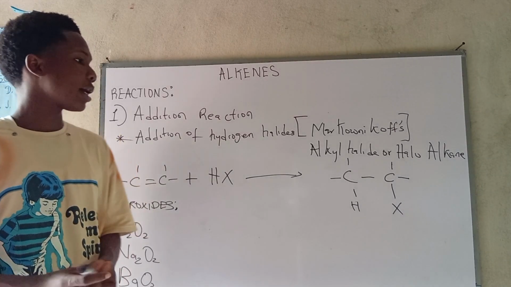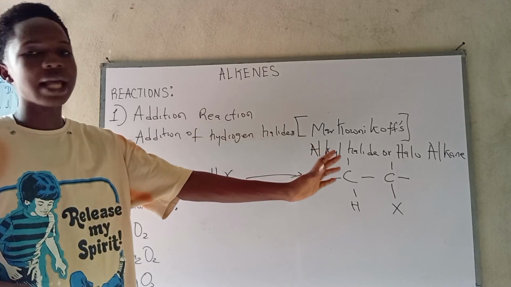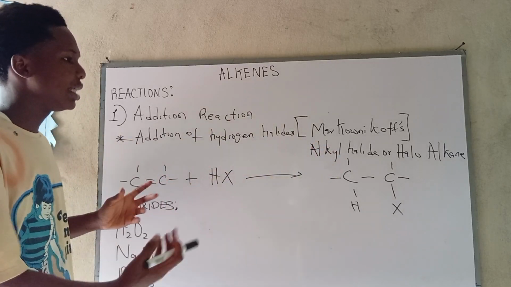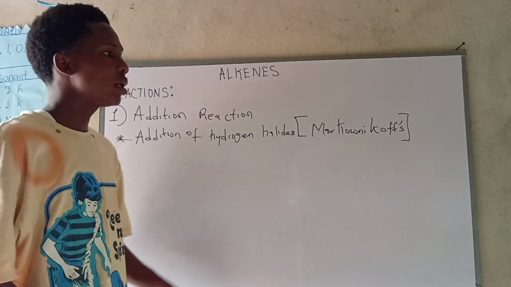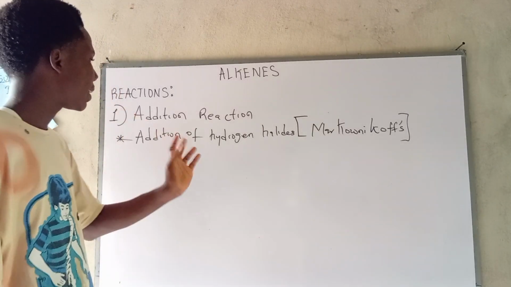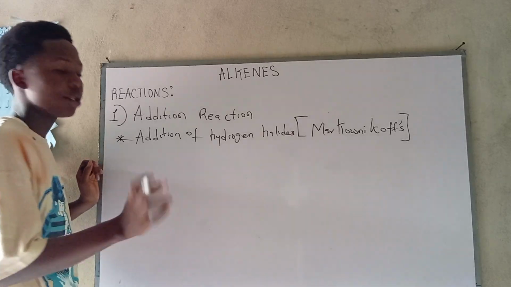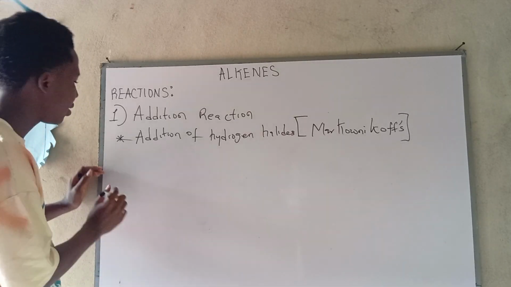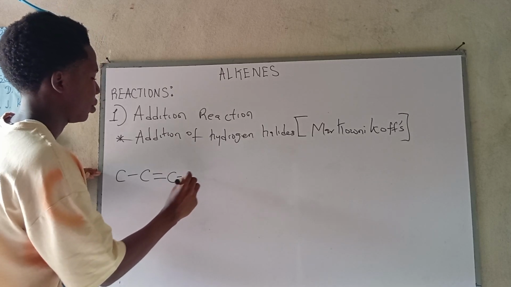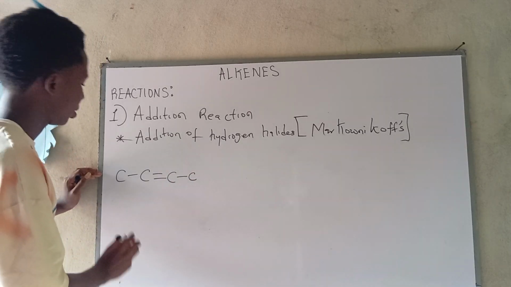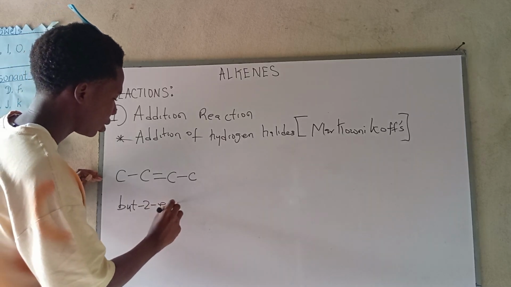All right, so now let's take an example and we apply our general formula to see if it actually works. Okay guys, now looking into an example, let's use butene.